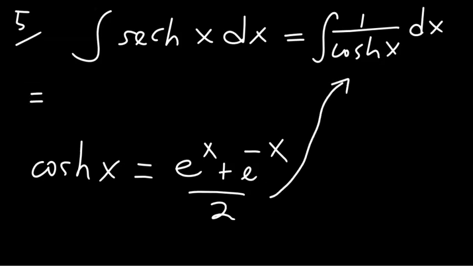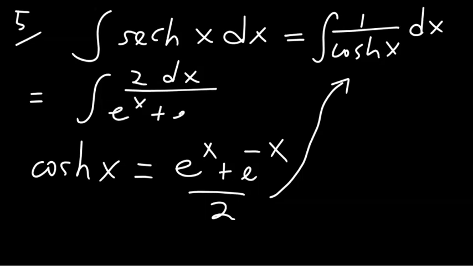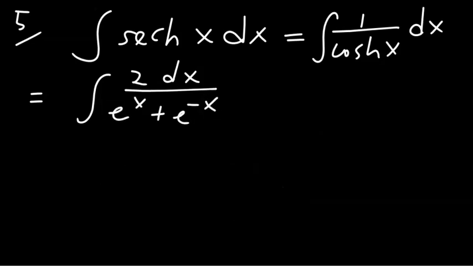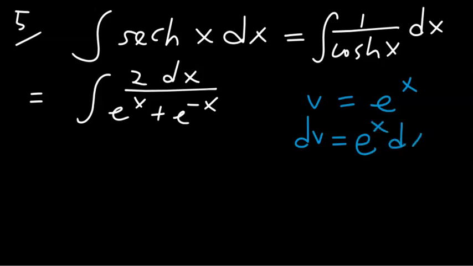And the above integral will become 2 dx over e to the power x plus e to the power minus x. So let's substitute e to the power x as, for example, v. Then differential of v is e to the power x dx.